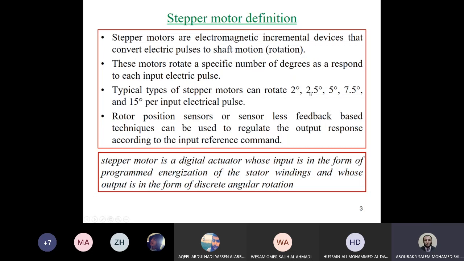So we can define the stepper motor as a digital actuator whose input is in the form of programmed energization of the stator windings, and whose output is in the form of discrete angular rotation. So this is another definition for the stepper motor.